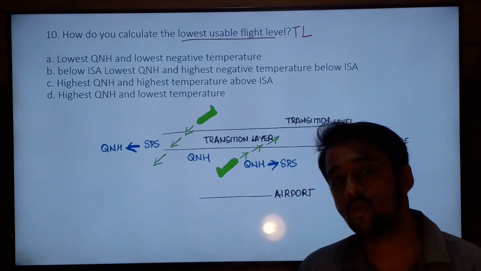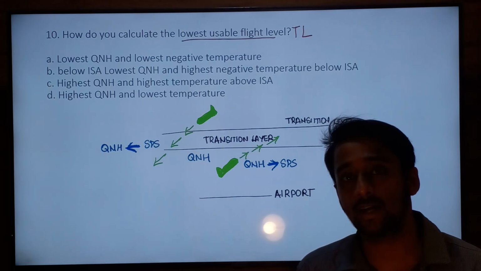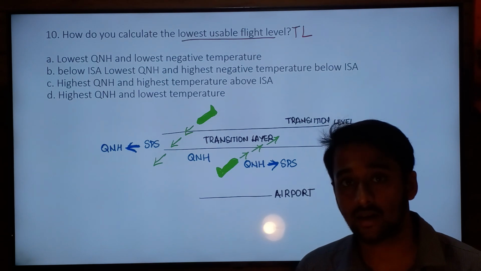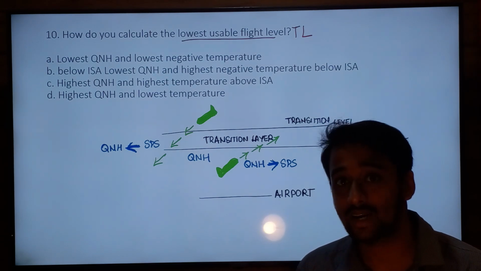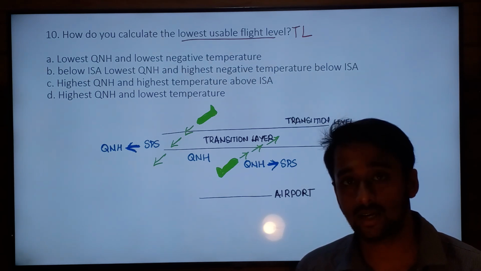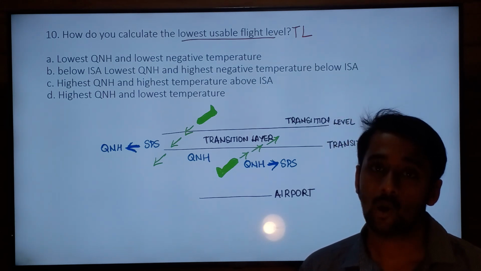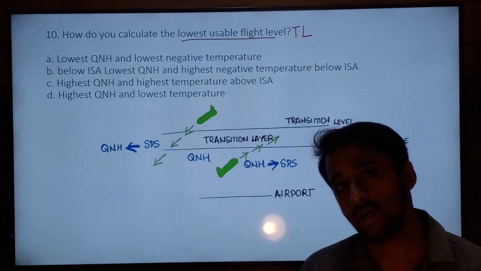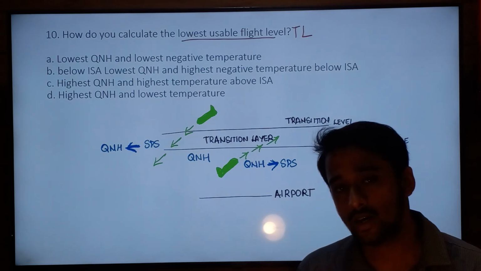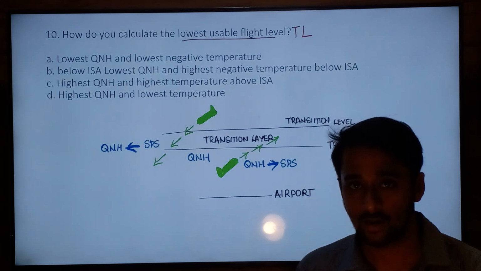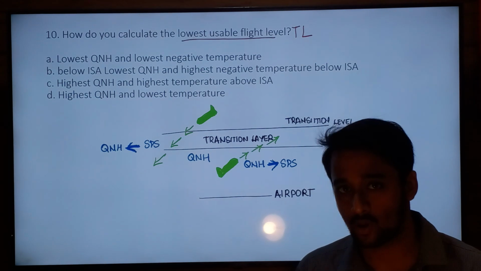So these two conditions we studied in the barometric pressure error and temperature error of altimeter. The video in which I have explained this concept in detail, you will find in the knowledge series playlist. And in that we saw these two conditions of atmosphere will give you true altitude less than indicated altitude.